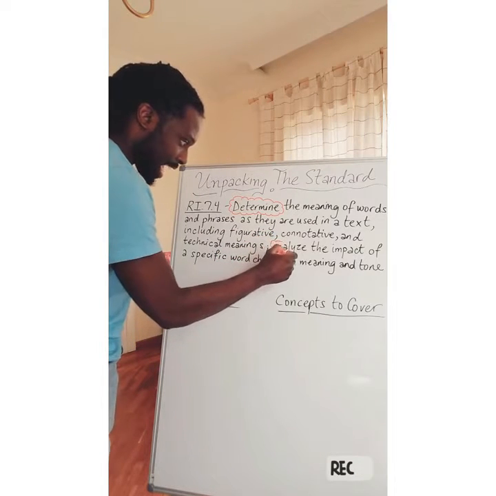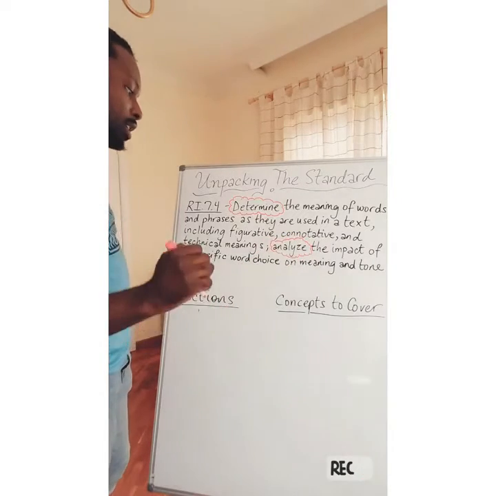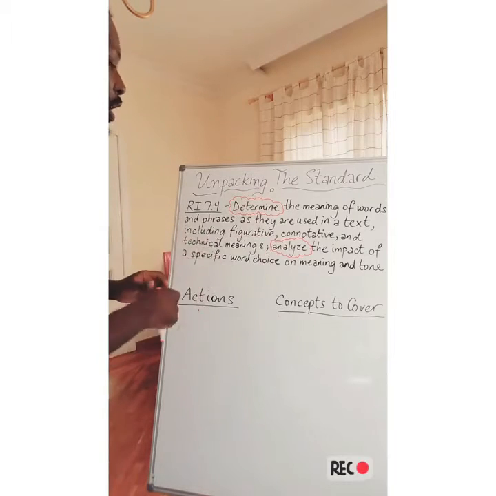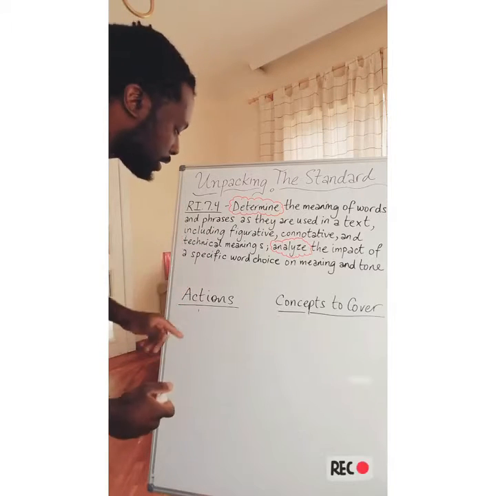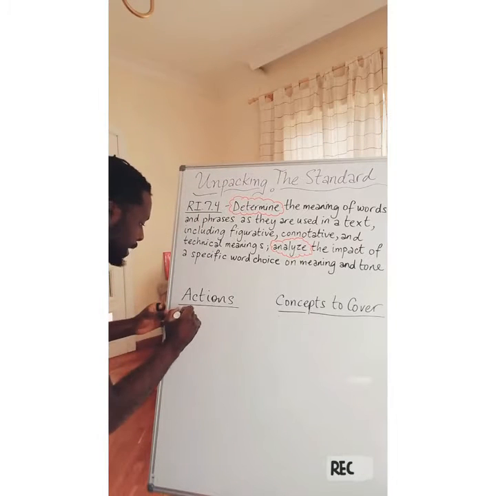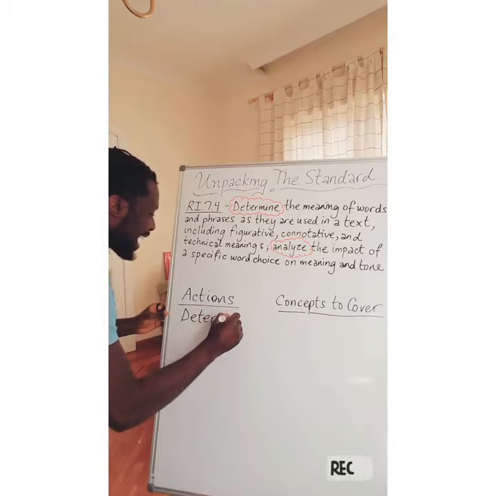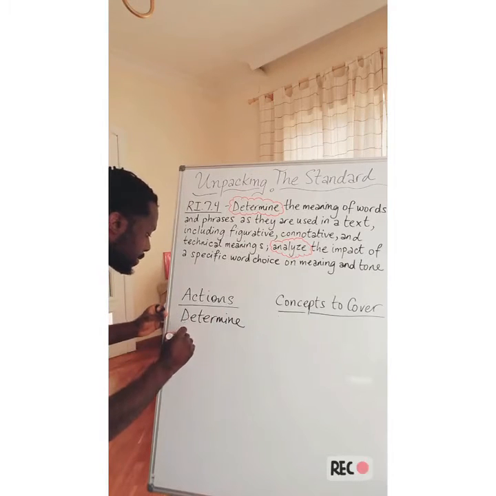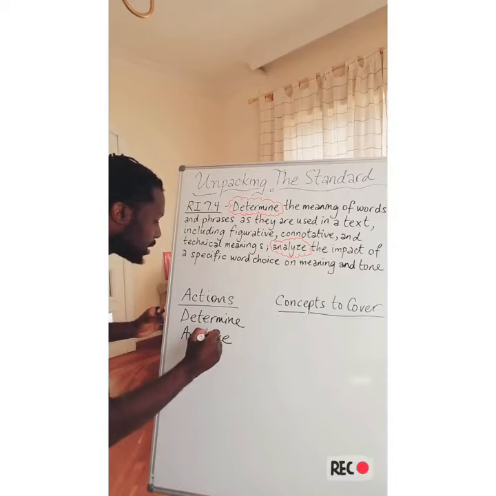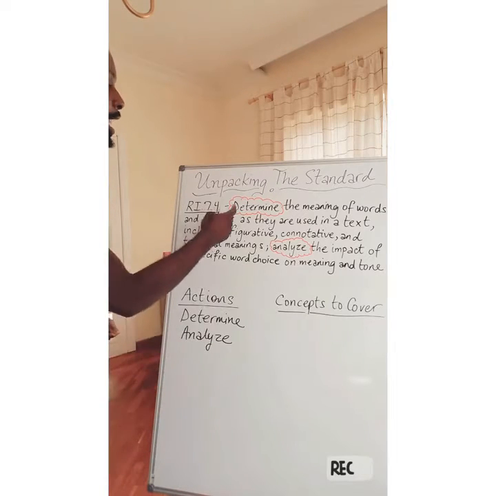You have to analyze the impact of a specific word choice on meaning and tone. So I have two verbs here, which I'm going to record under the actions column here. That's determine and analyze. So those are the actions that students should perform. And you can see that they're circled here.